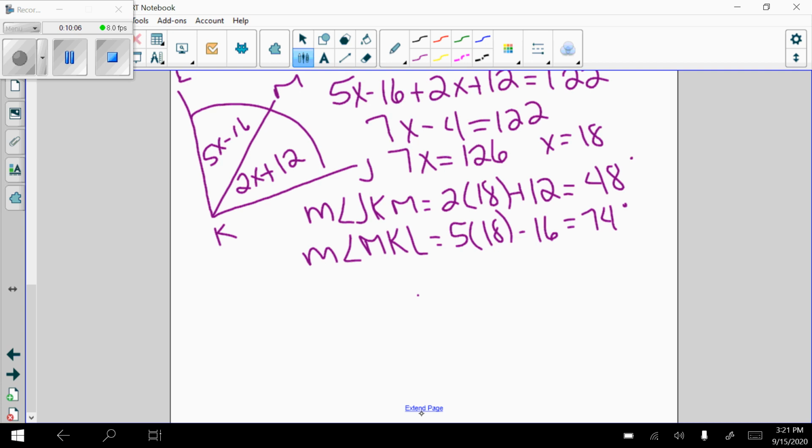So we're looking at, was KM a bisector? If it was, that means it got the angle cut in half, that both of these are exactly the same. I got one to be 48, one to be 74.